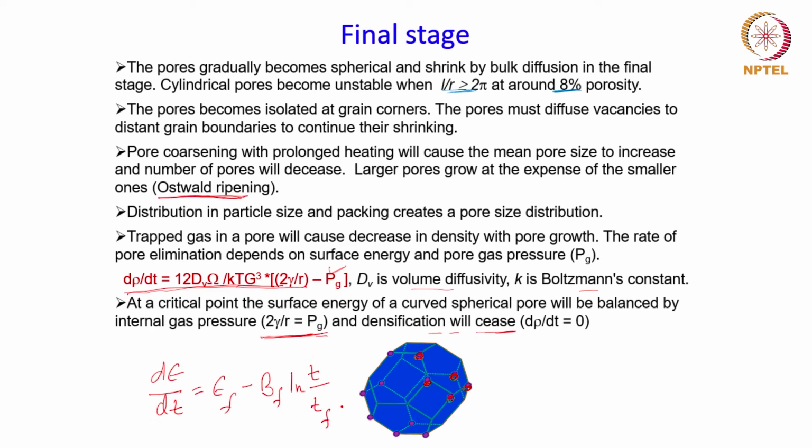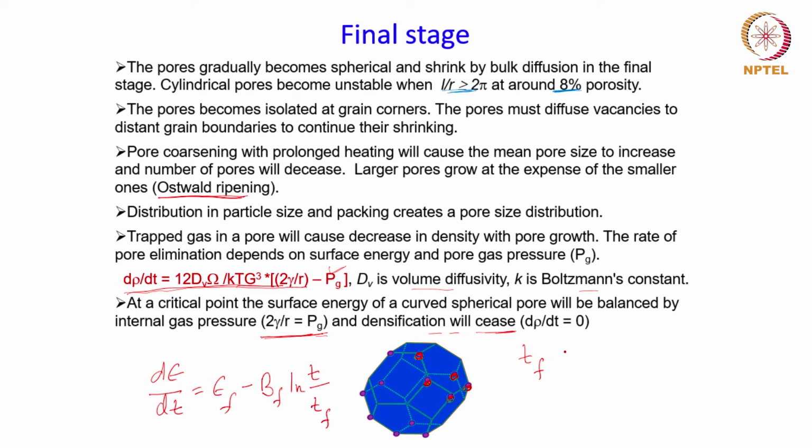Where T is sintering time and Tf corresponds to a point where the pores become closed, indicating the end of the intermediate stage.